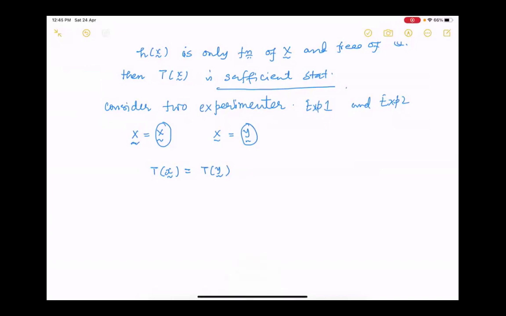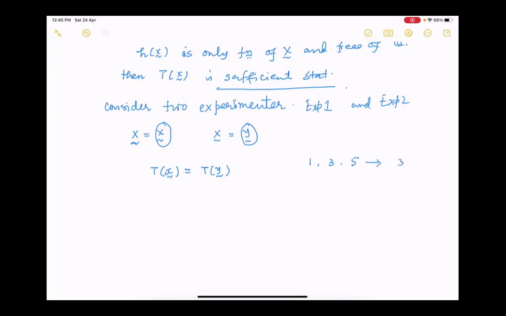It's like one person is observing a sample of 1, 3, and 5, and if you take the average of this, the average will be 3.